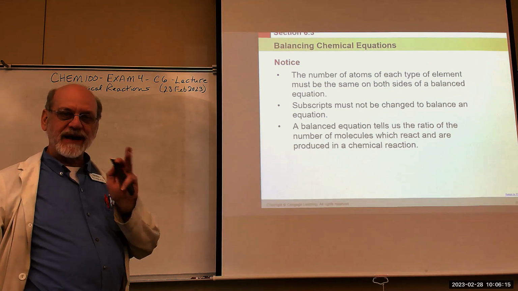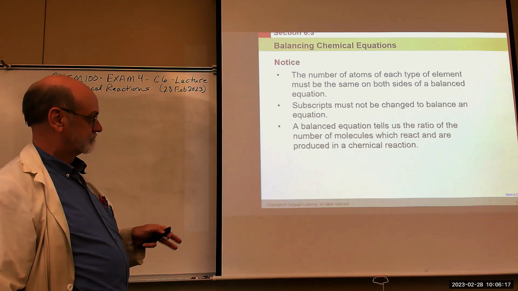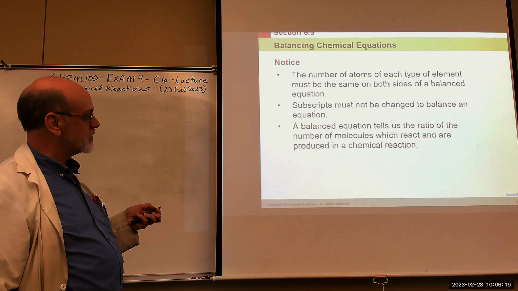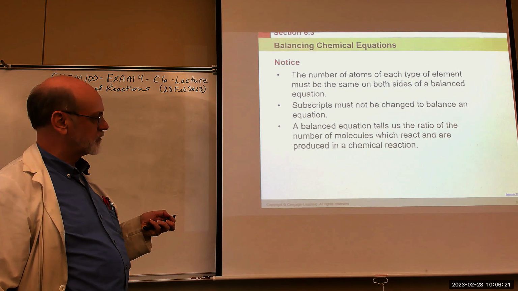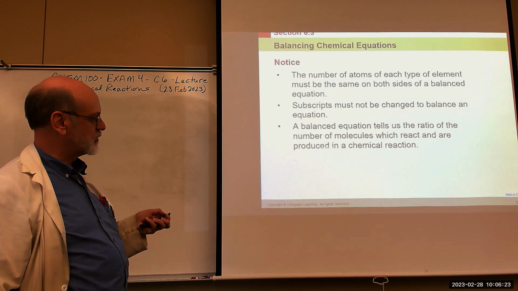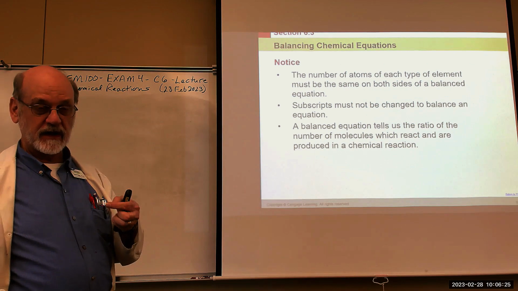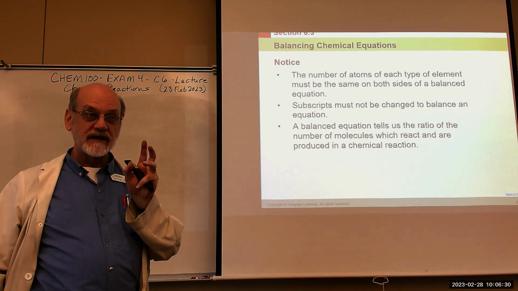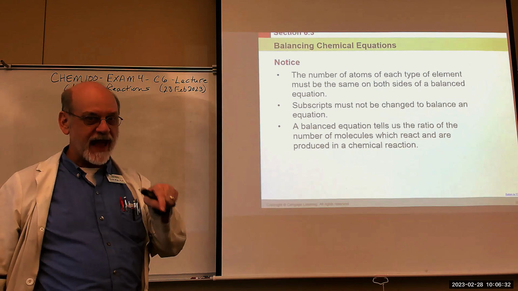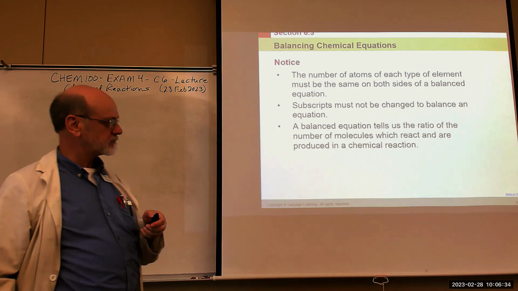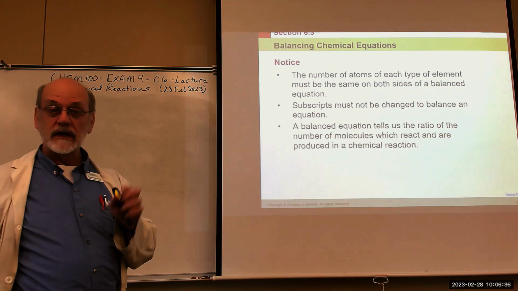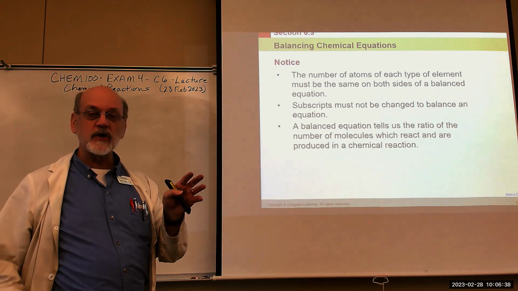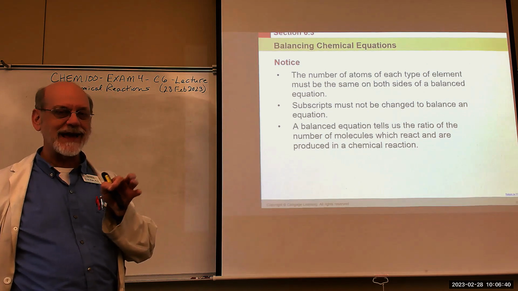Now, what does that balanced equation tell us? It tells us the ratio of the number of molecules which react and are produced in a chemical reaction. In other words, that ratio is fixed. Once you've balanced the equation, then that is the ratio for that reaction. Up to this point, we've been interpreting the coefficients as individual molecules and atoms.